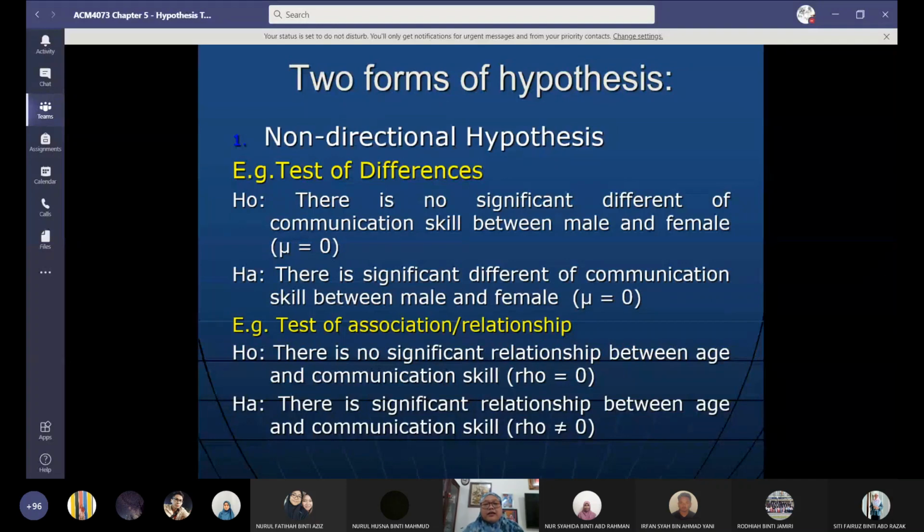Non-directional null hypothesis: there is no significant difference of communication skill between male and female.